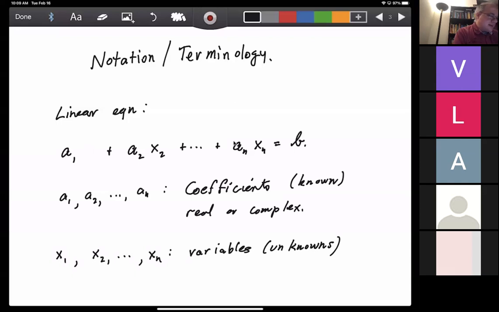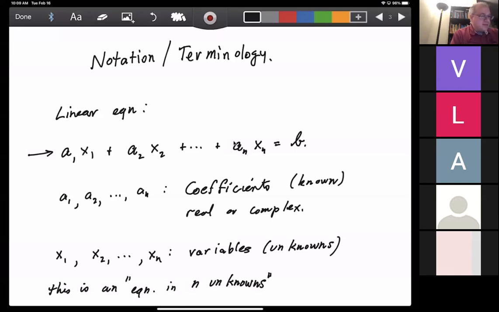And we say for this particular equation that this is an equation in n unknowns. Because it's a single equation, but we have x1, x2, x3, all the way up to x sub n as the unknown quantities in the equation.